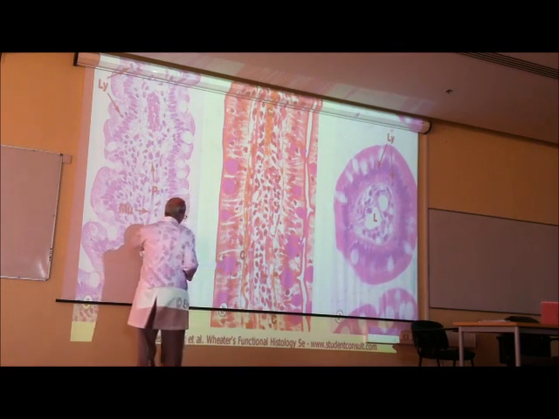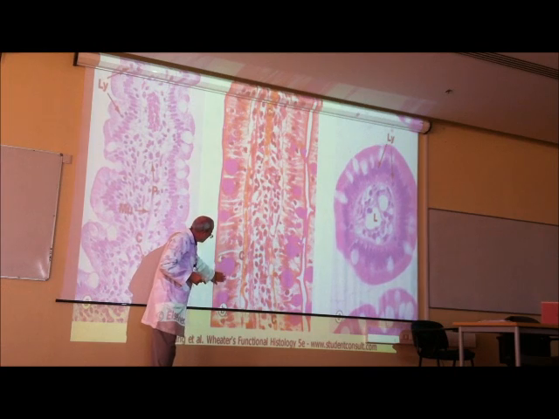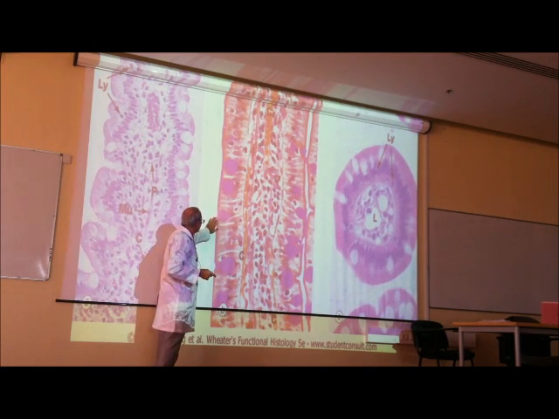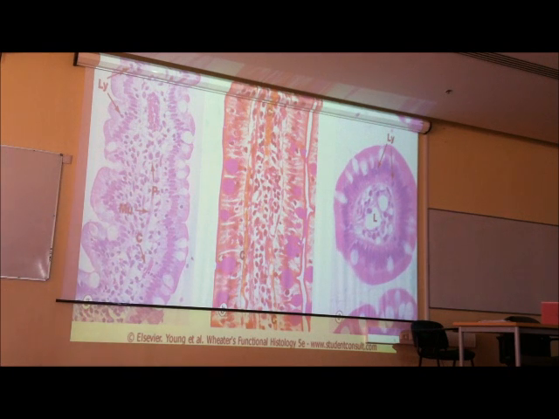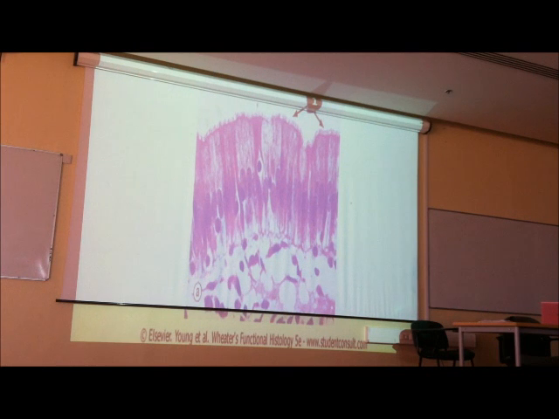So what is the type of epithelium? Simple columnar with goblet cells. It has a brush border. I may ask you about any of them. These are cilia. This is columnar ciliated.